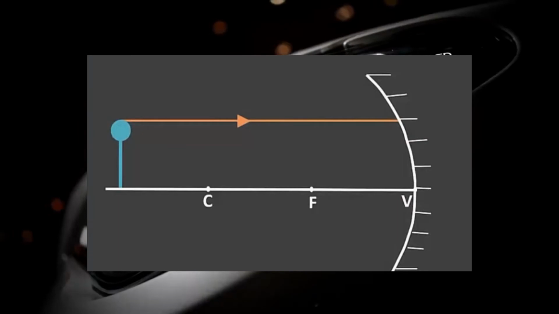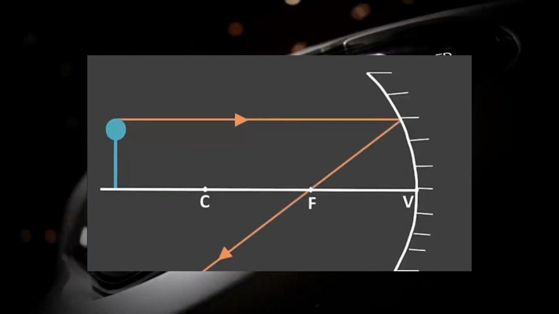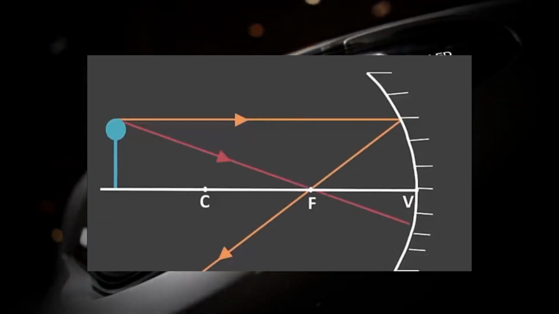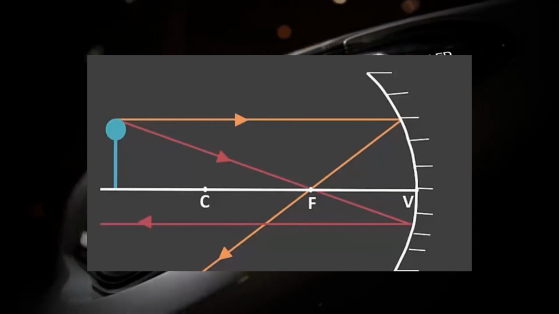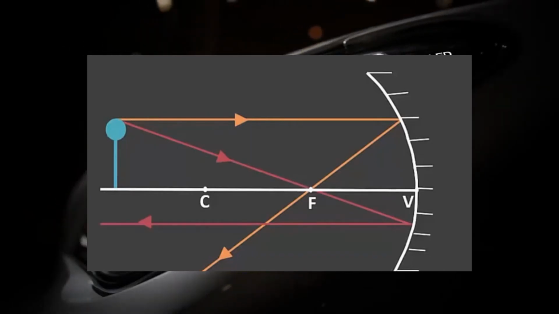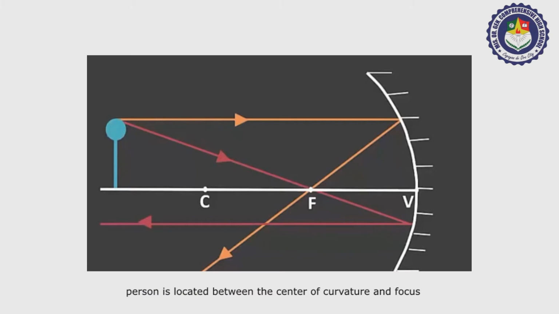Here's an example of actual ray diagramming using a concave mirror, where the image of the person is located between the center of curvature, size is reduced, and type is real.